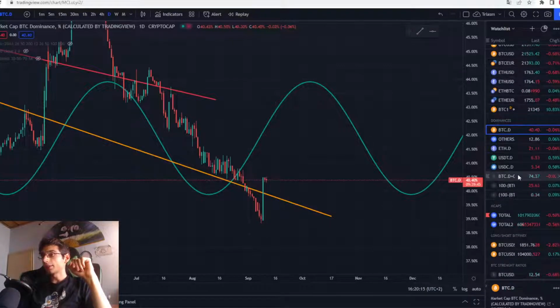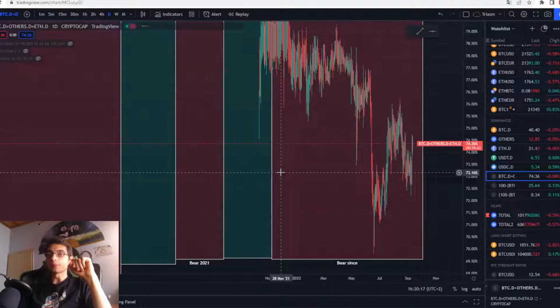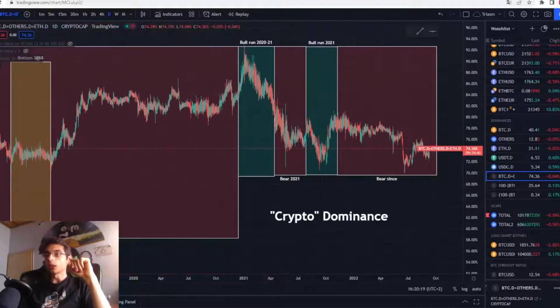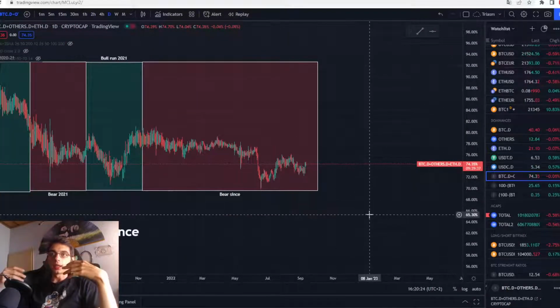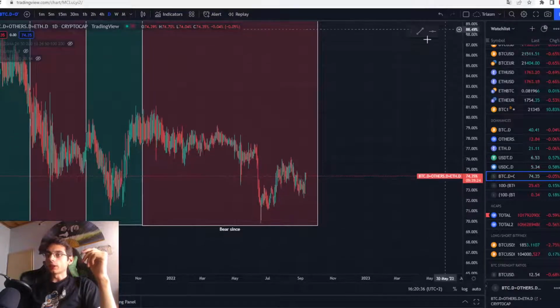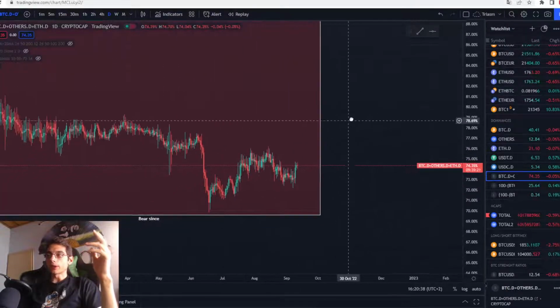From a crypto dominance perspective, this is the crypto dominance, it's self-developed. I developed this indicator myself. It's all Bitcoin, altcoins, and Ethereum, all their dominance together, in comparison to the market cap.